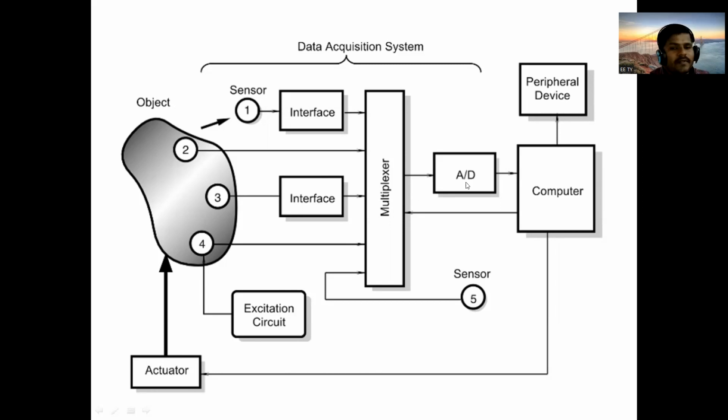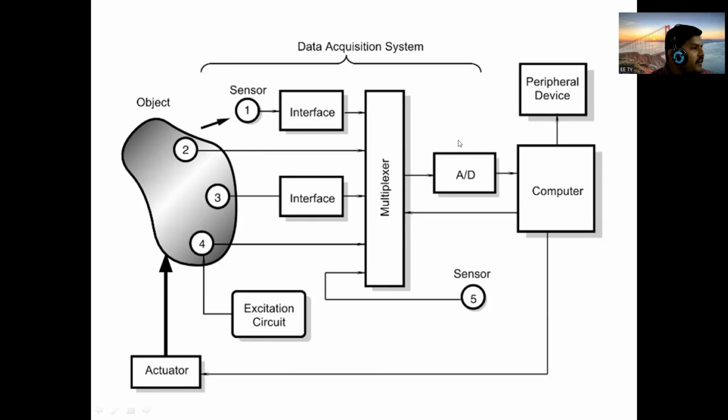The computer processes the output obtained from the sensor and shows it on the peripheral device. Peripheral device means some display unit, some alarm type system, or some indication type of equipment, or an indicating device, right?